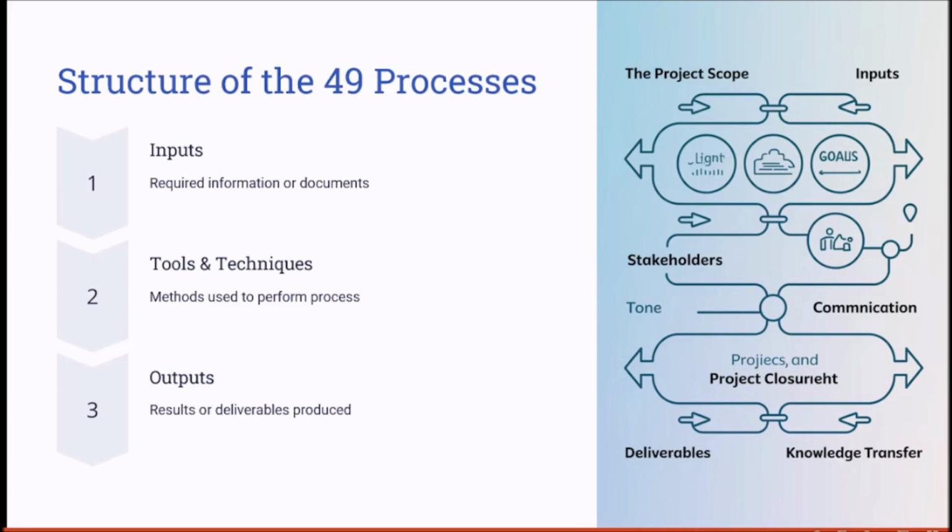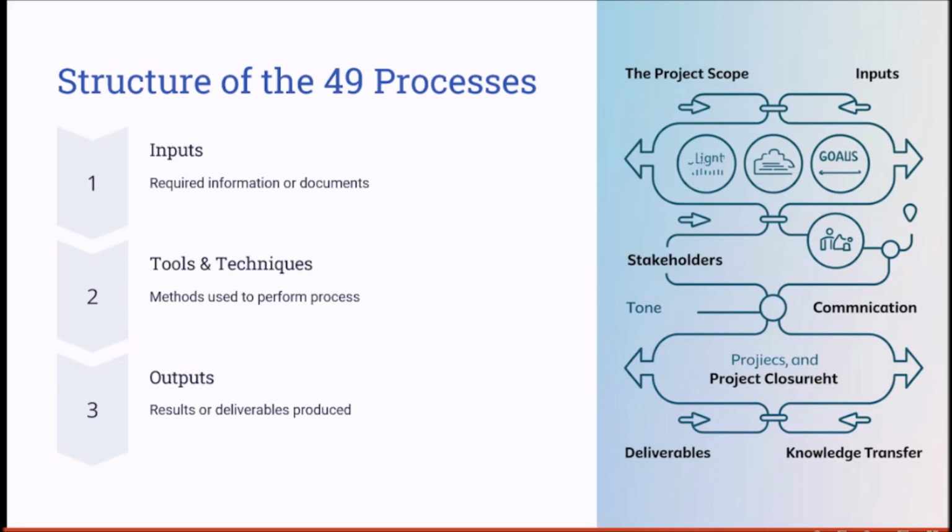To remind ourselves: inputs are the information or documents required to execute the process. Tools and techniques are the methods or systems used to perform the process. Finally, outputs are the results or deliverables produced by the process.